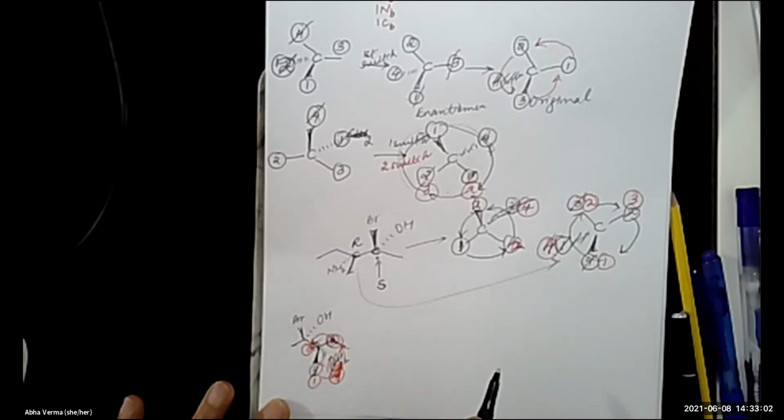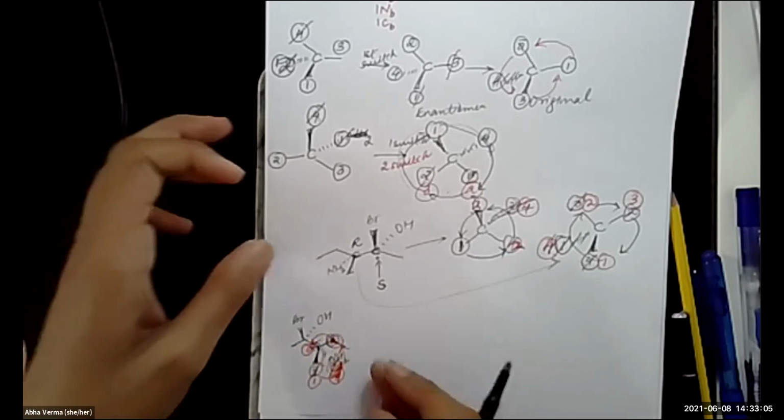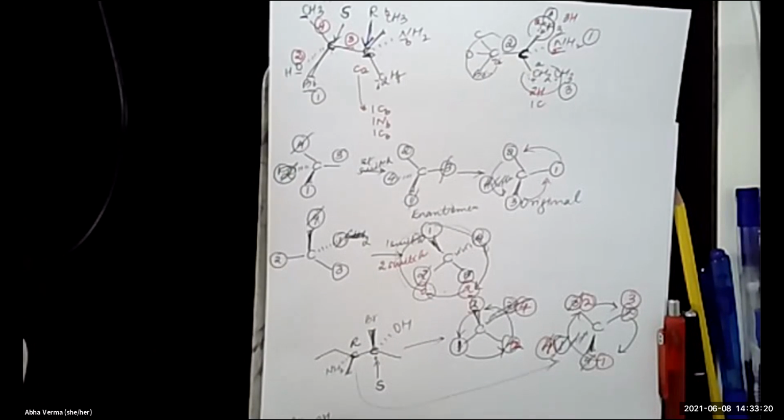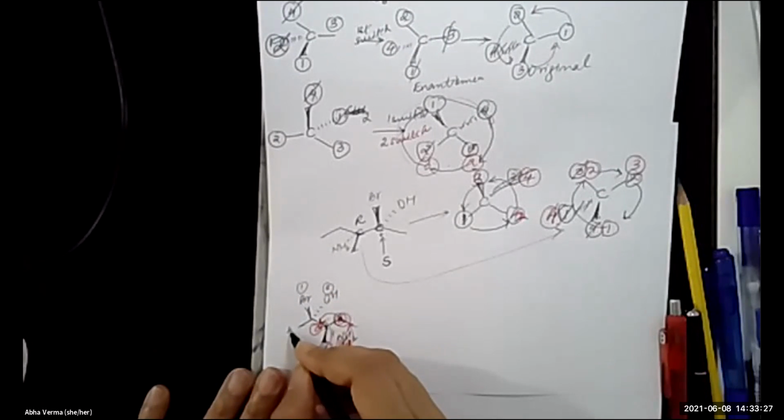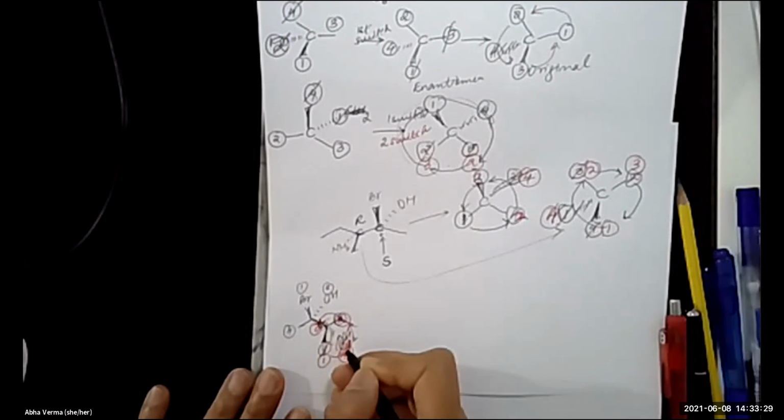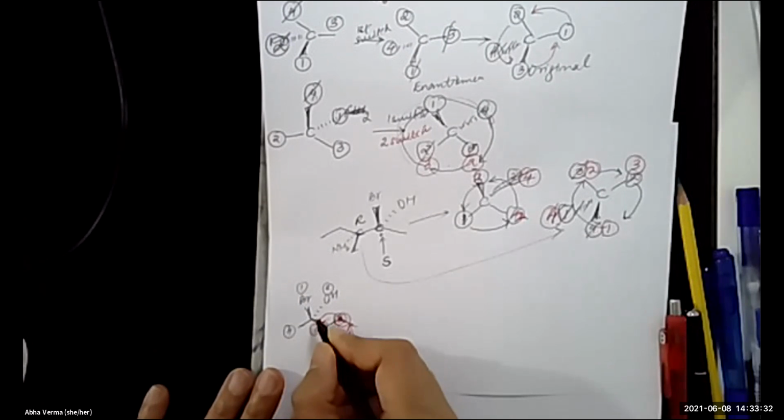So this carbon right here will become an S. And this carbon, oxygen, bromine. Bromine is going to be our number 1. OH is going to be number 2. Methyl is number 4. This planar bond is going to be number 3 for this carbon.